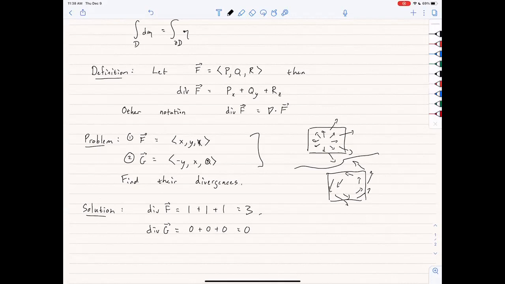If that fluid is flowing out at certain places, then our divergence gets negative. If somehow there's a faucet that's turned on that's bringing in extra water, then we have a positive divergence. It's giving us a scalar function that's telling you how much fluid is being pumped in or out. Does that make sense?